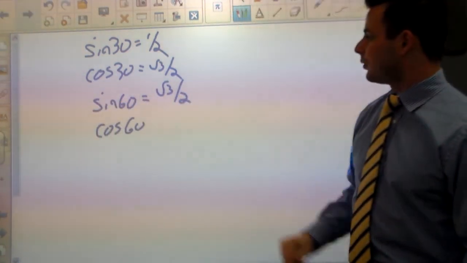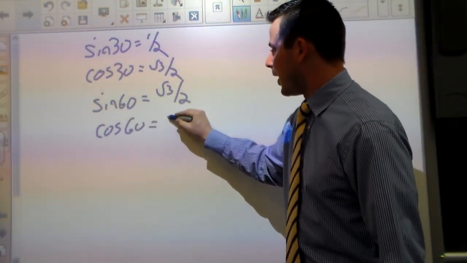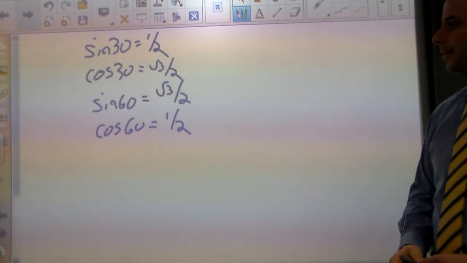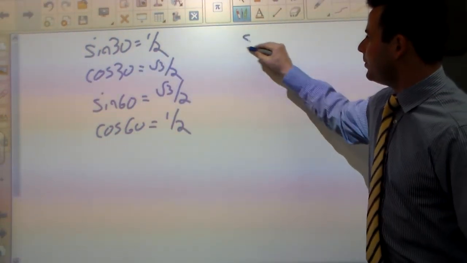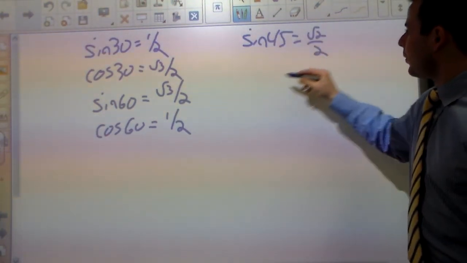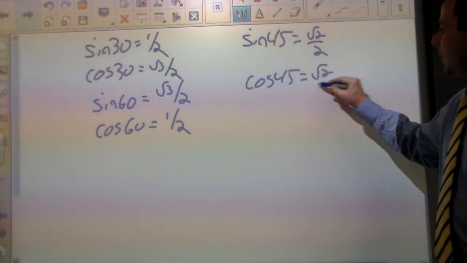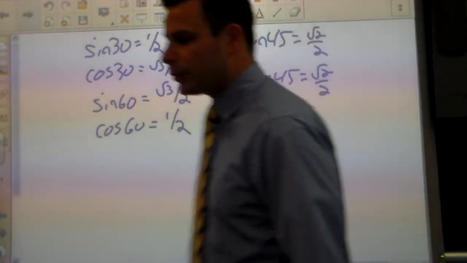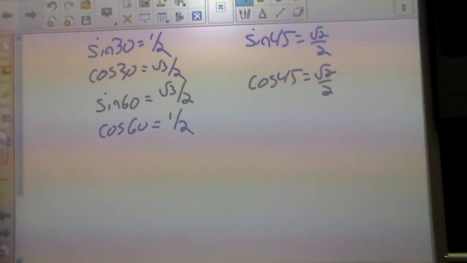And if the sine of 60 is radical 3 over 2, then the cosine of 60 can't be that. That's got to be a half. And then tangent, I'll divide the values. And for 45, the sine of 45 is radical 2 over 2, and the cosine of 45 is radical 2 over 2. So those are all of your special right triangle values, in which tangent you can find by calculating sine over cosine.